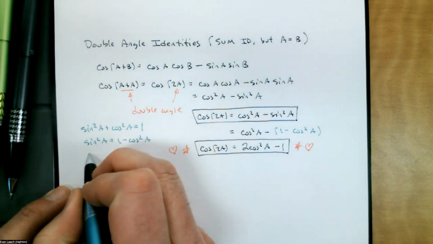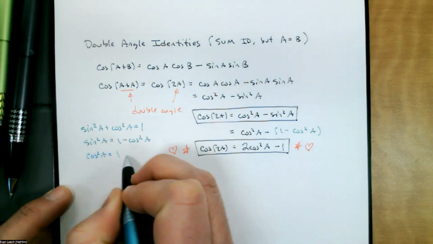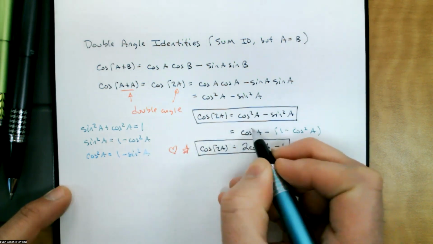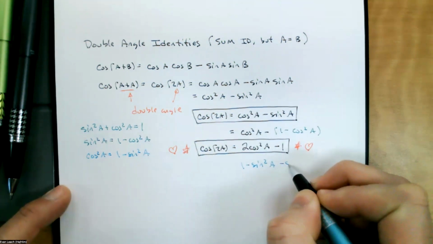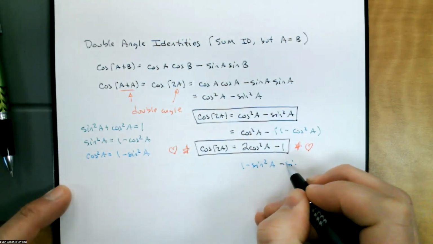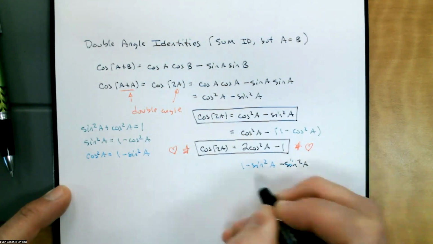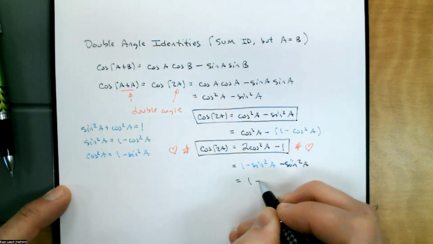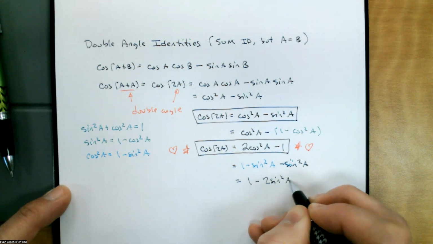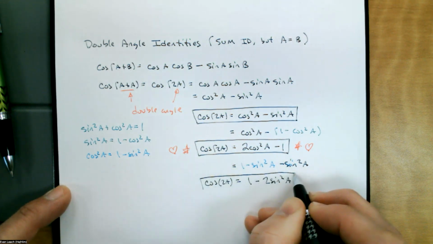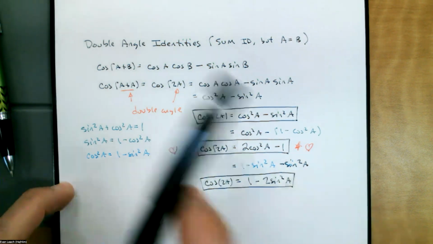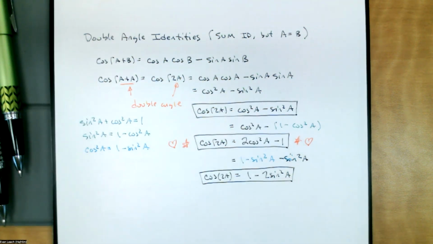Because I can rewrite this identity with cosine squared A as 1 minus sine squared A. So I can replace this cosine squared A with 1 minus sine squared A minus another sine squared A, and I end up with 1 minus 2 sine squared A. That one is cool, but not nearly as cool as cosine of 2A equals 2 cosine squared A minus 1.